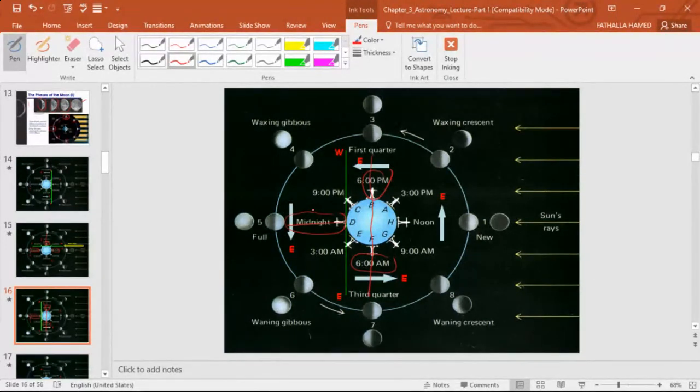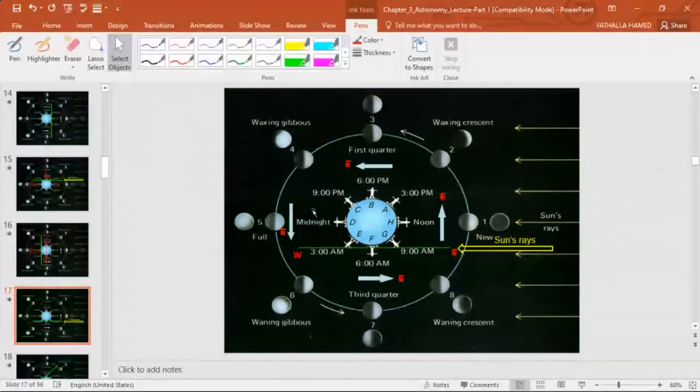I told you the highest point will be about midnight, and if you look after that, it will be in the west during the morning sky, and of course after that it cannot be seen. So the full moon, you could only see it during dark skies. You cannot see it during the day.